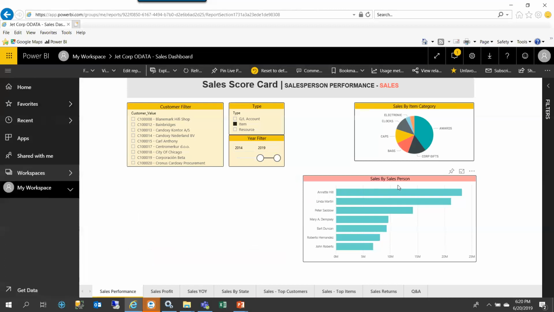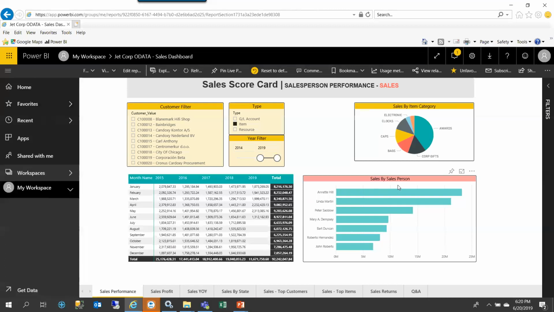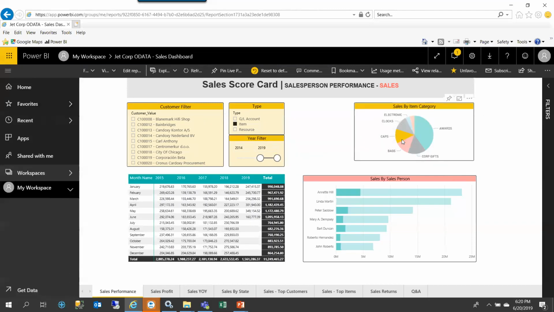And I'll unclick to remove that. I can also look at a pie chart of sales by item category, and here we will look at just the caps item category. And again, once I click on that, you'll notice that all of the data now has changed. Let's move on to the other tabs.